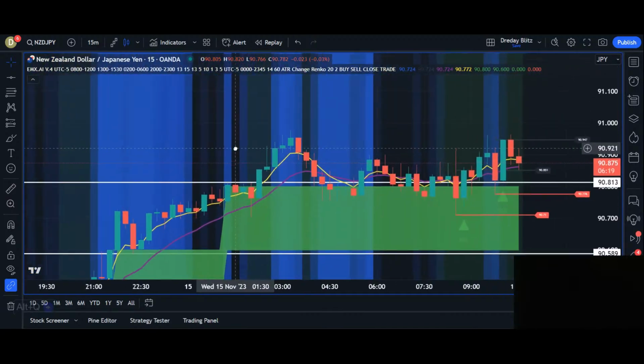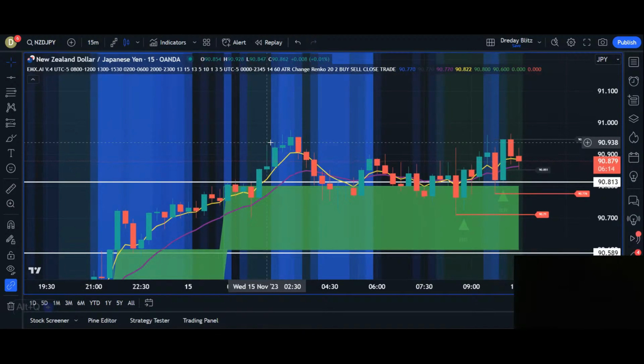So that's well over, almost, can't calculate right now, 89. So that's almost 100 pips.